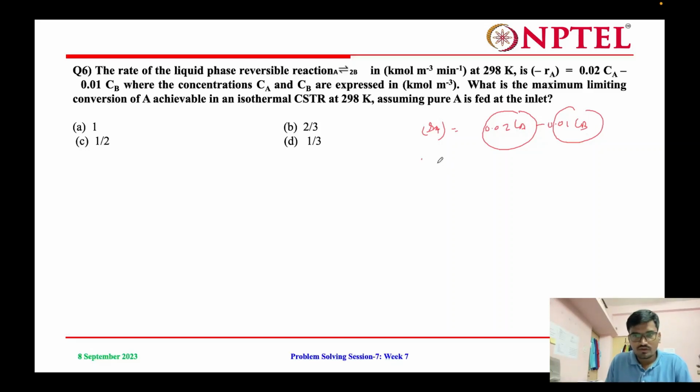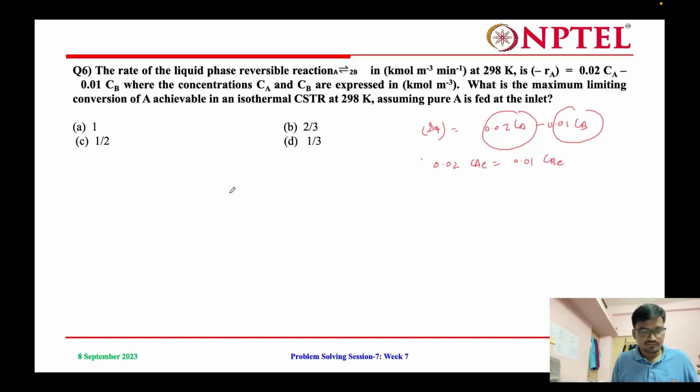So 0.02 Ca equals 0.01 Cb at equilibrium.